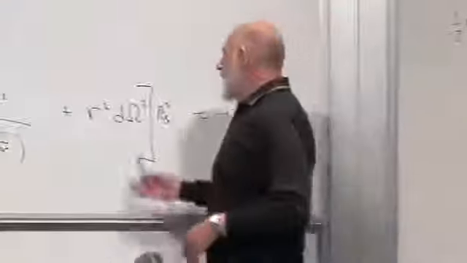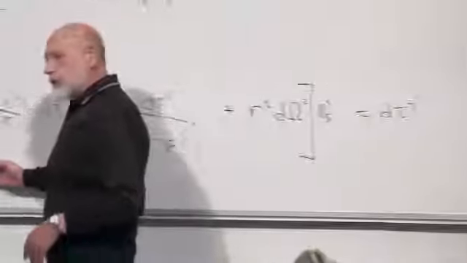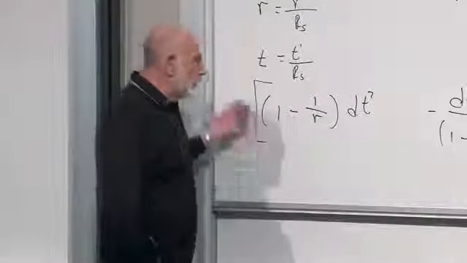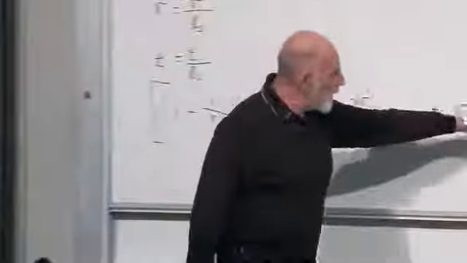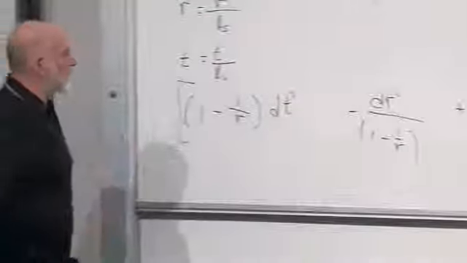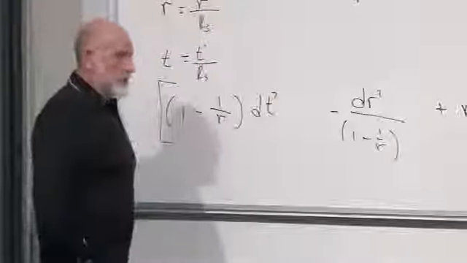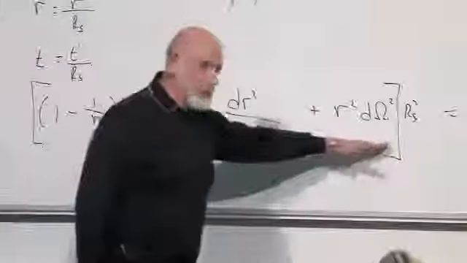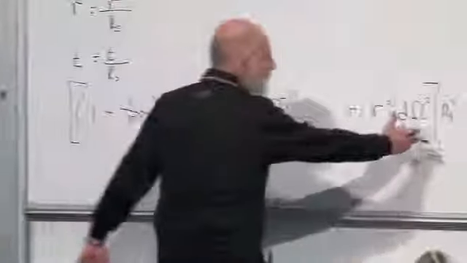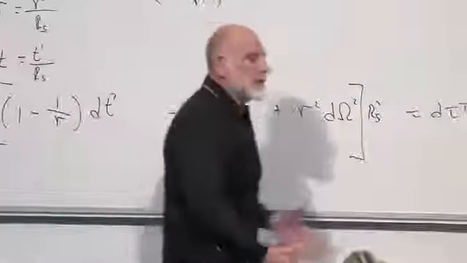In other words, everything in here is dimensionless, carries no dimensions, no meters or anything else. All of the dimensions are in here, r Schwarzschild squared. And for most purposes, in studying the geometry of the black hole, we can just set r Schwarzschild equal to 1.